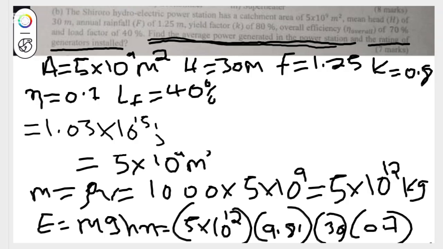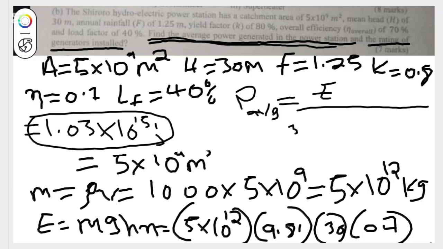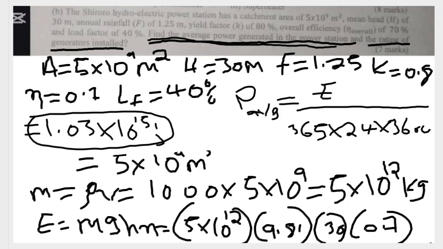So the average power, P average, is the same thing as E divided by 365 multiplied by 24 and also multiplied by 3600. Someone might ask how we got this.